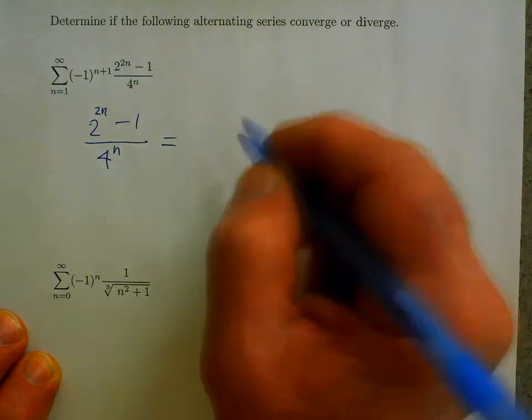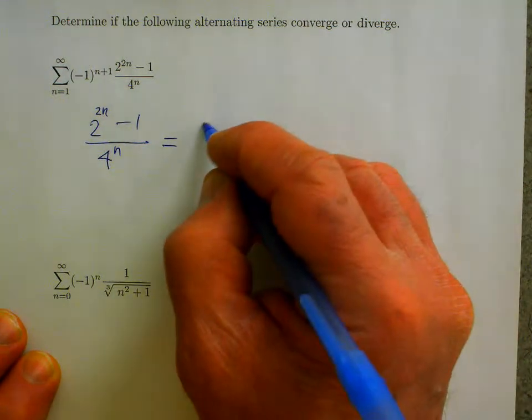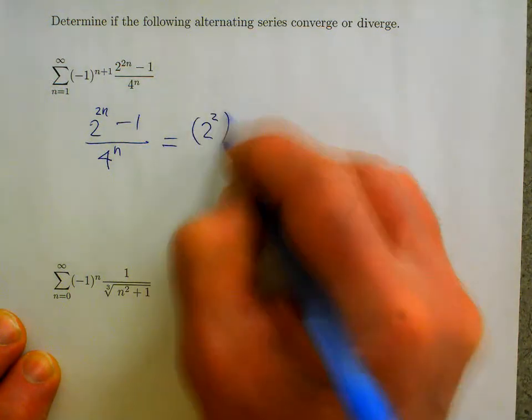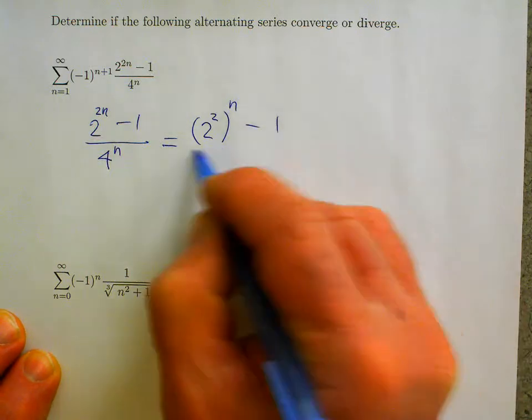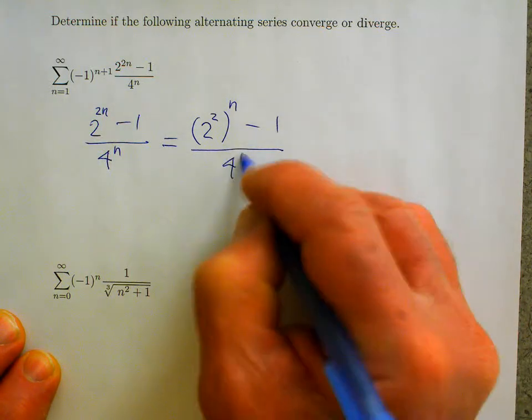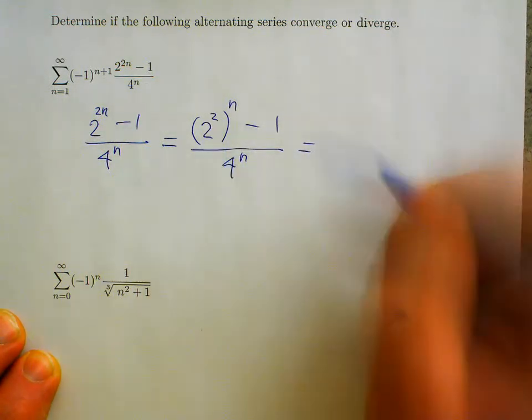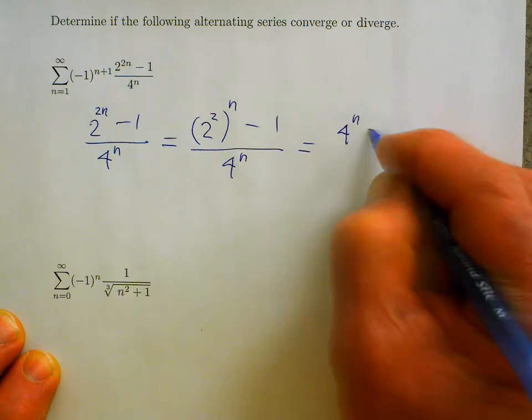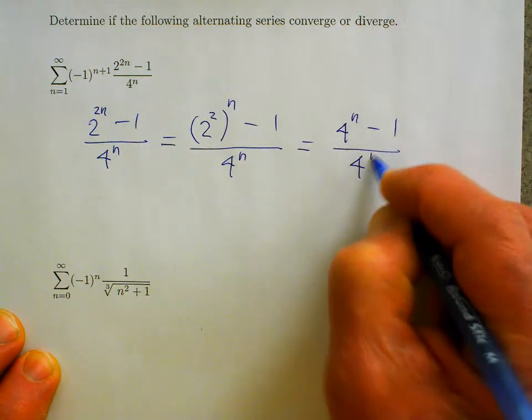Using properties of exponents, 2 to the 2n is 2 to the second to the n. 2 to the second is 4, so we get 4 to the n minus 1 over 4 to the n.